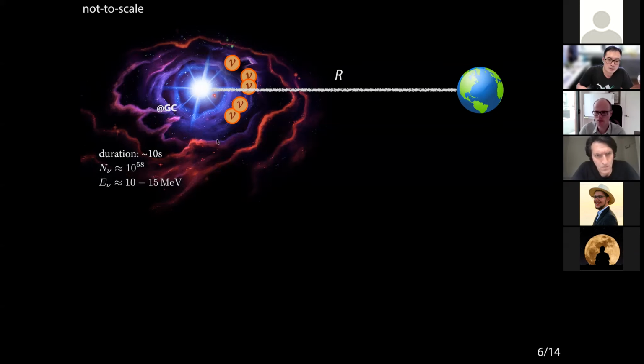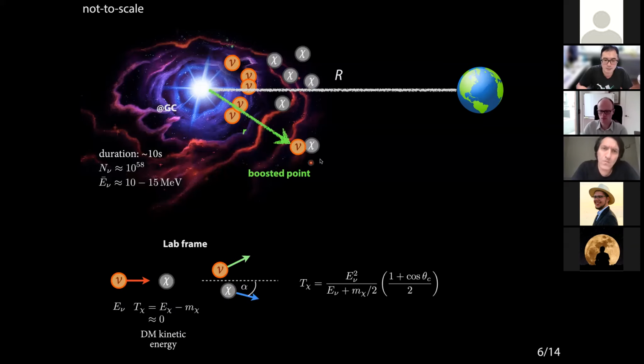Suppose these supernova neutrinos encounter dark matter in the halo. In the beginning, the halo dark matter is almost at rest with zero kinetic energy. However, after the scattering, this halo dark matter can gain kinetic energy from the supernova neutrino.